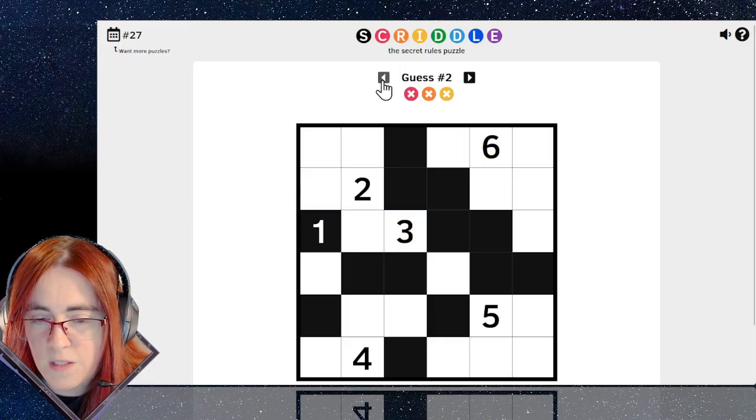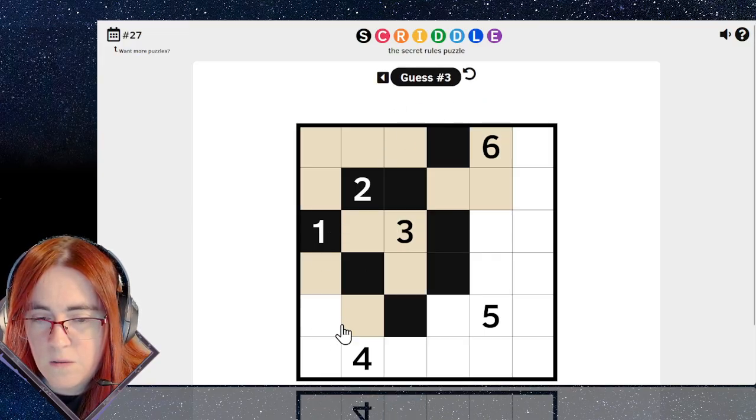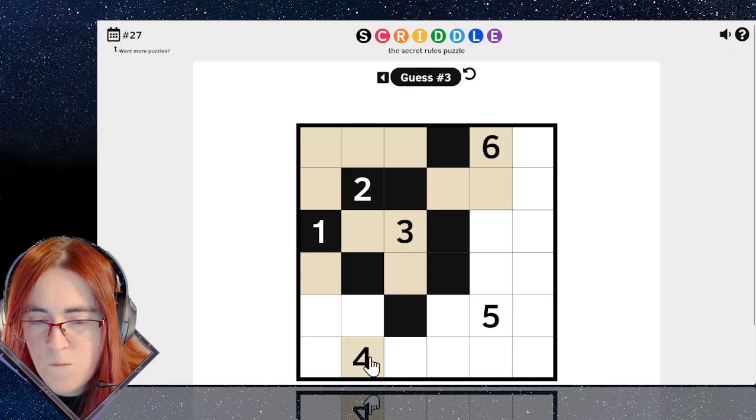Oops, hold on. I lost track of what I did there. Yeah, we know it's the 4 that we know is unshaded, but we don't know what it's connected to. Can we say anything about the 5? We know that the 5 cannot be shaded.